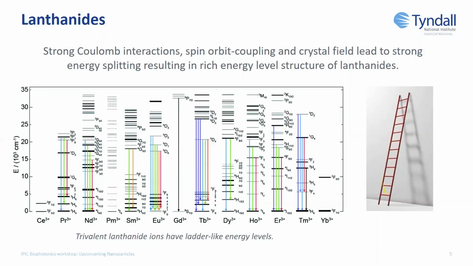So those 4f transitions are in theory forbidden, but because there is a mixture of different parities between different orbitals, they are actually present. So we can actually use them for emission.